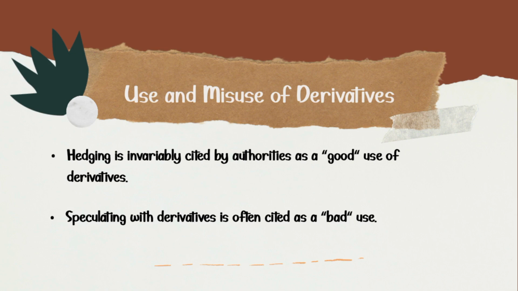So, there can, however, be a downside to the use of derivatives. Hedging is invariably cited by authorities as a good use of derivatives, whereas speculating with derivatives is often cited as a bad use. Some people and organizations can afford to bear the risk involved in speculating with derivatives, but others are not sufficiently knowledgeable about the risk they are taking or should not be taking those risks in the first place.